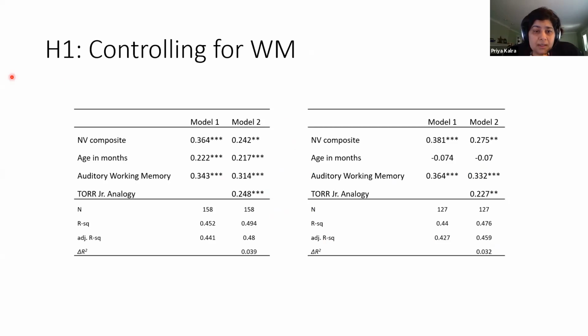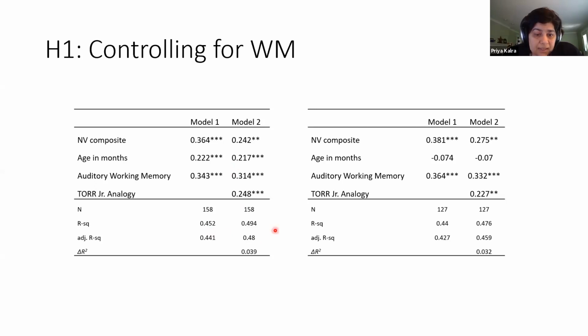So controlling for, here, this is the nonverbal composite that I was just talking about. This is made of the block design, spatial reasoning, and matrix reasoning. We also controlled for age in months and auditory working memory. We can see this is the second graders. When you add the TORR in, even when you control for these other factors, it's still a significant predictor. It has a pretty decent effect size considering everything that's in here.